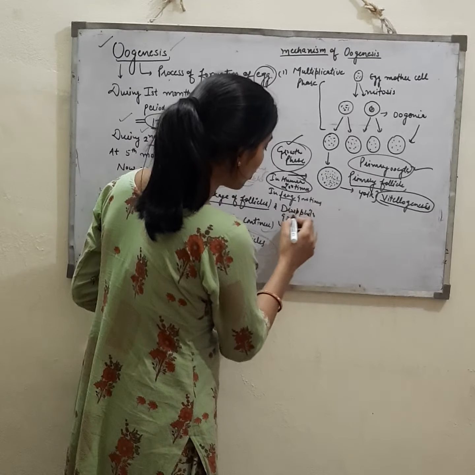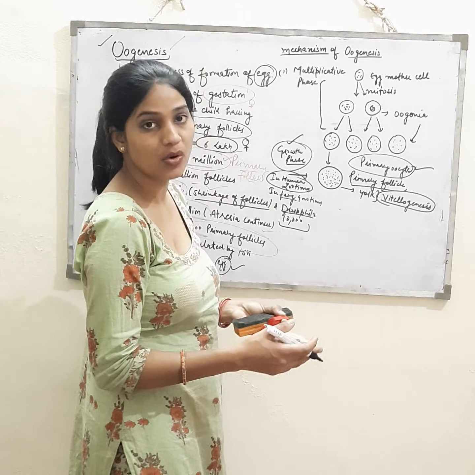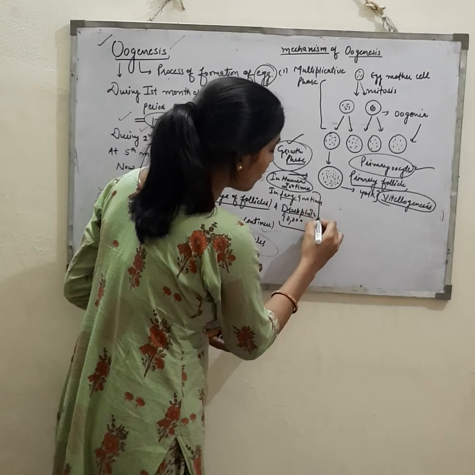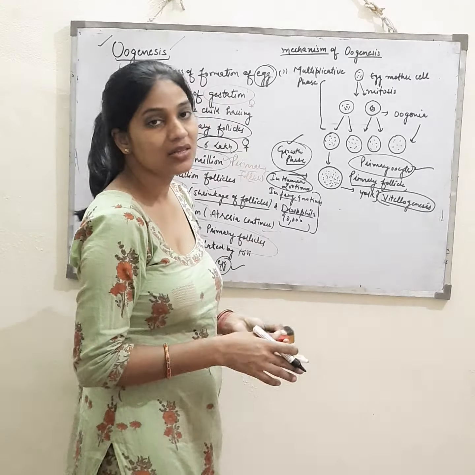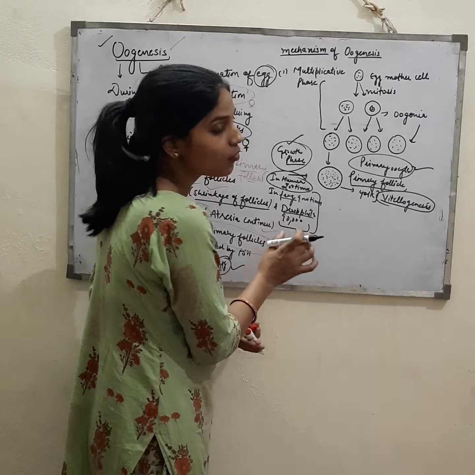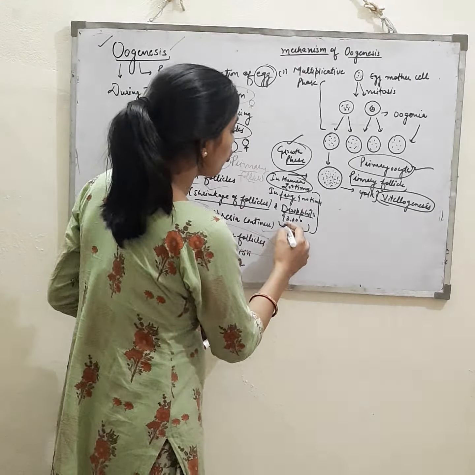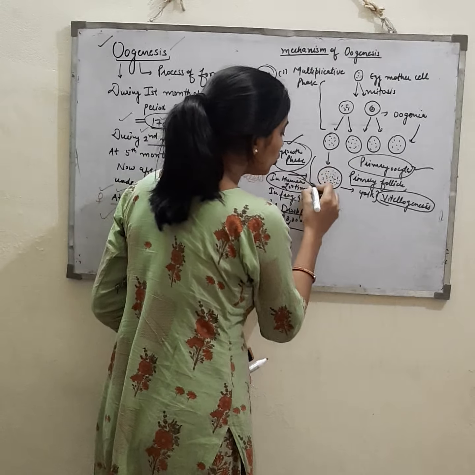But in frog and other animals, the development occurs outside the body, because these are egg laying animals, so all the development happens outside the body. That's why they require the highest amount of yolk, and the size of the primary oocyte increases so much. This is the growth phase.